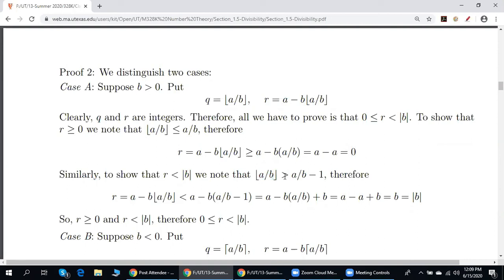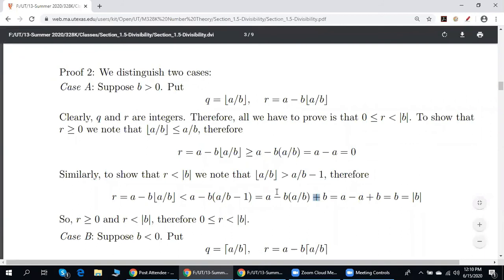Since this is greater than a over b minus 1, what is written here is lesser than this. And now expand parentheses, minus times minus plus, cancel out b. a minus a is 0. What is left is b.